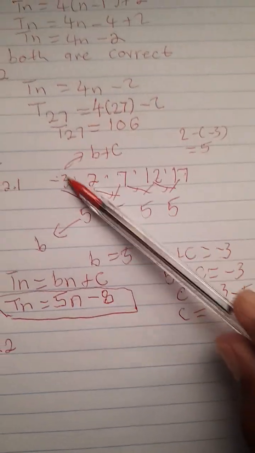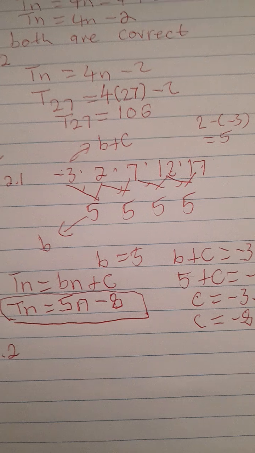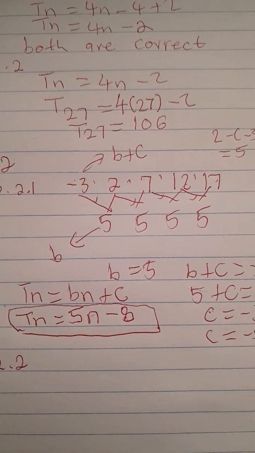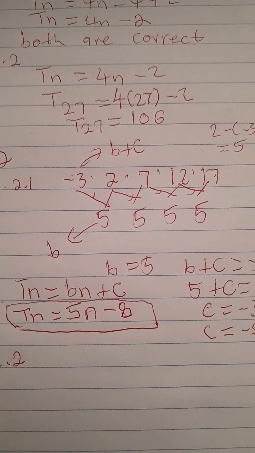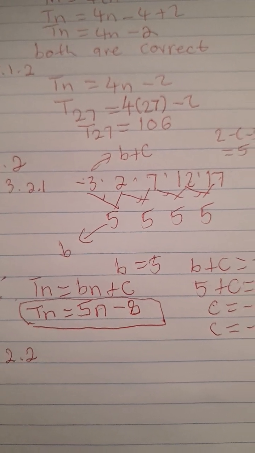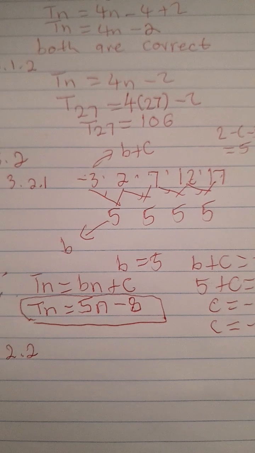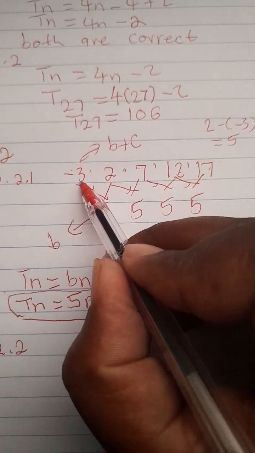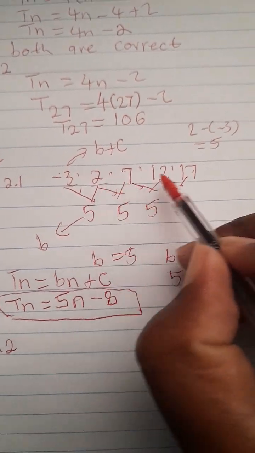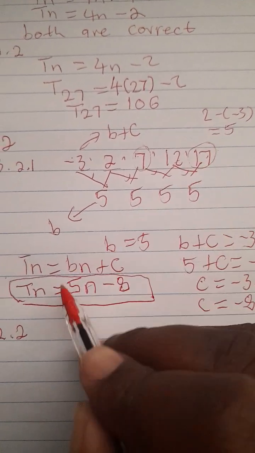Then we go to 3.2.2. I hope you are learning how we tackle such questions. At 3.2.2, they said determine the value of the 52nd term that ends in 7. We will focus on those that have 7 in our pattern. We omit negative 3 and 2, so we focus on 7 and 17 and create a pattern from this.